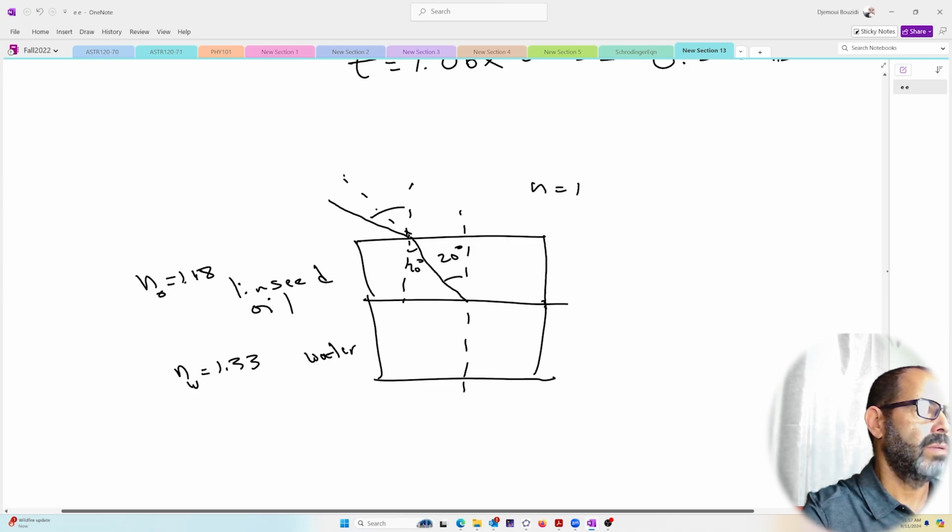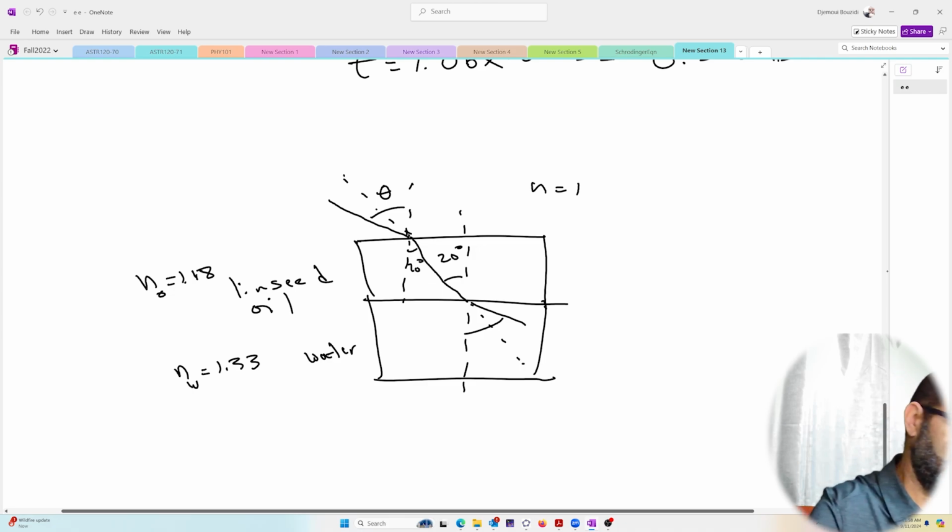So I have 1 times sine of this angle theta, which they want us to find, and they also want to find the angle in the oil. The index of refraction is 1.48, so when it bends, it should bend at an angle more than 20 degrees. Let's find this angle theta prime also.